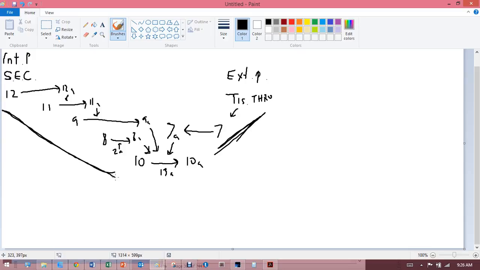So 10A has an effect on 2, changing it to 2A, 2 activated, with 10A, but also 5A is involved in here as well. And another name for 2 is prothrombin. Another name for 2A is thrombin.